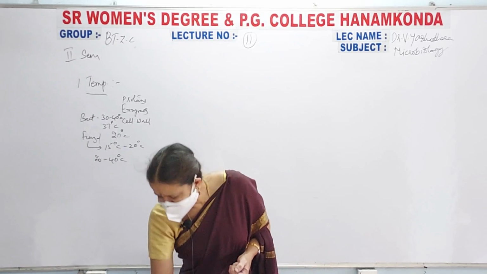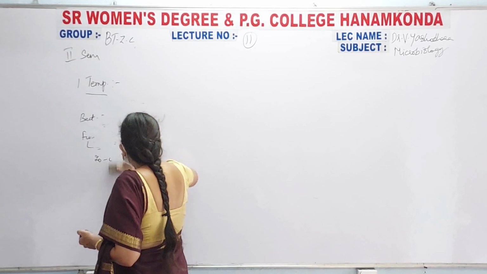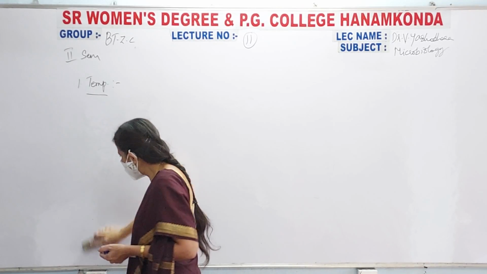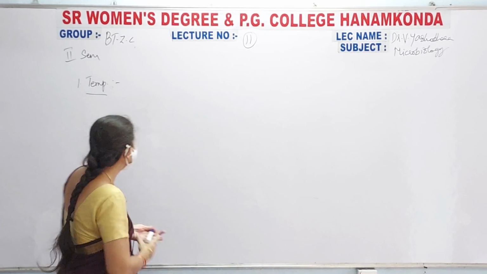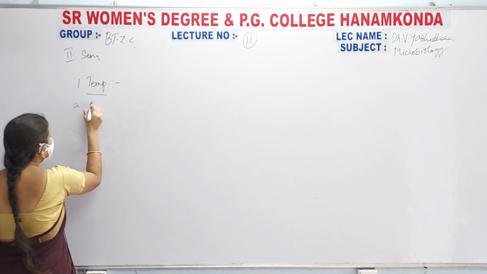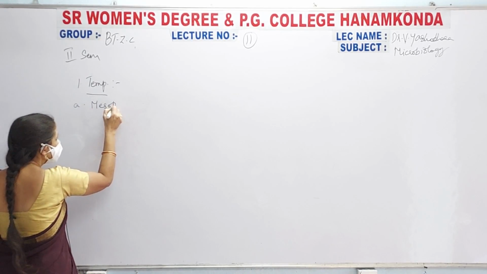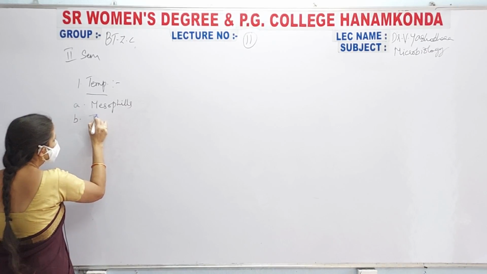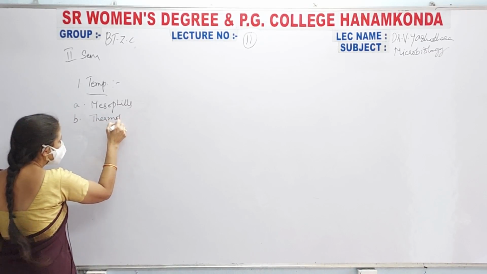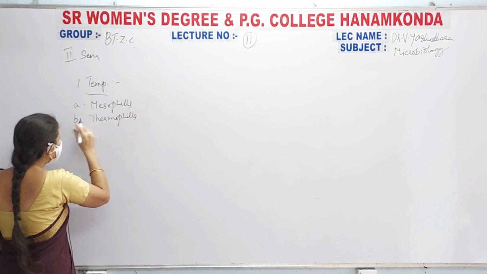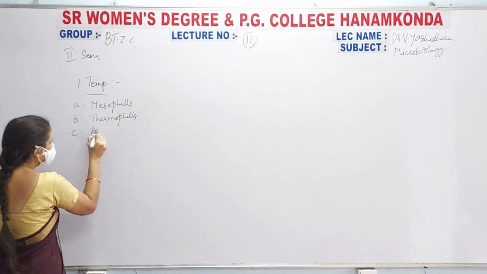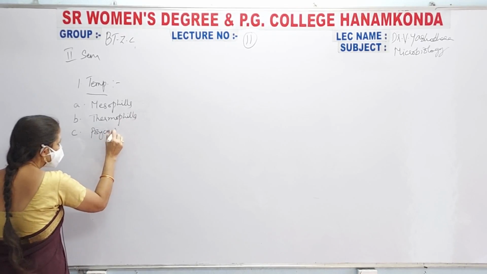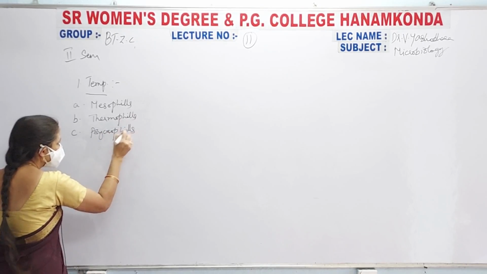Now, based on temperature, microorganisms are of three types: A. Mesophils, B. Thermophils, C. Psychrophils.